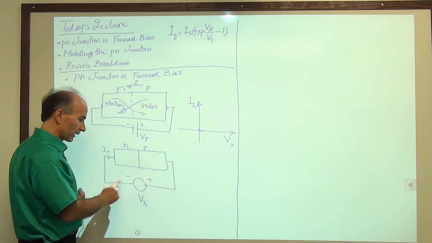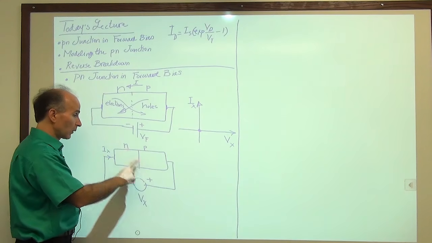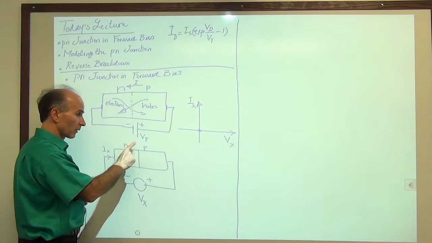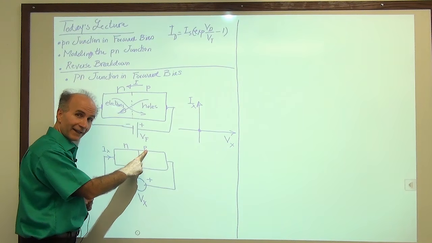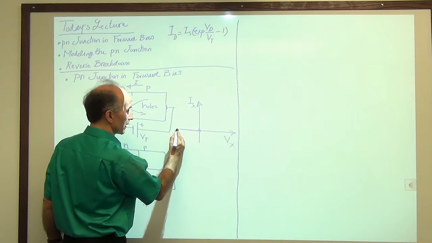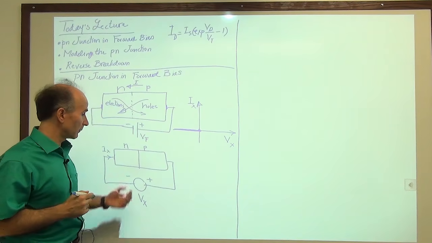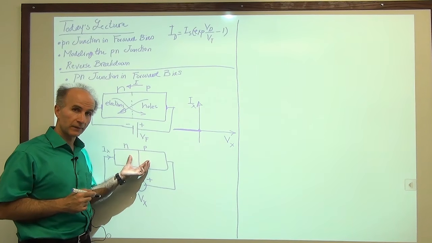Sorry, this side is more positive than this side if Vx is negative, which means this side wants to become more positive than this side, and that is reverse bias. So if Vx is negative, the current is very, very small. The only thing that really happens is that the depletion region becomes wider.